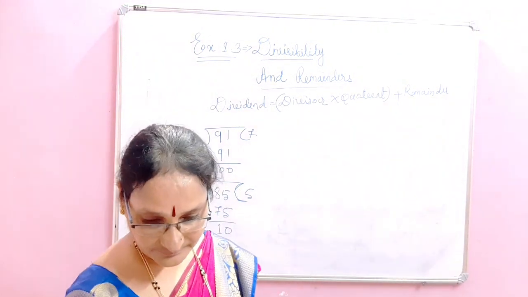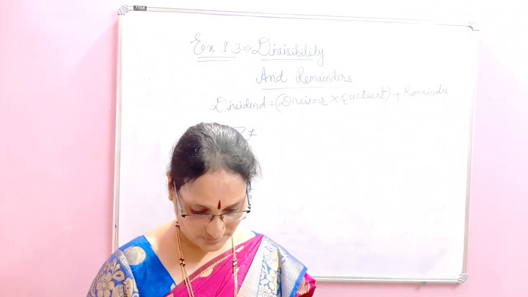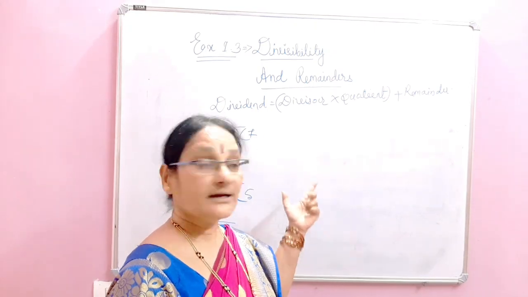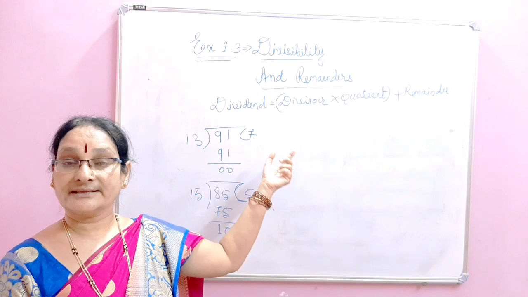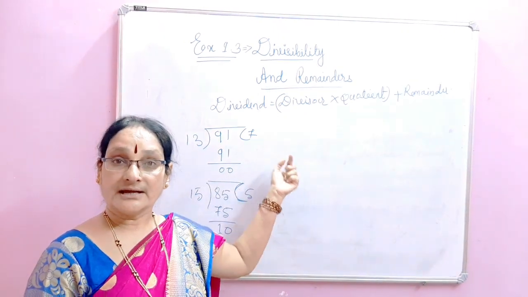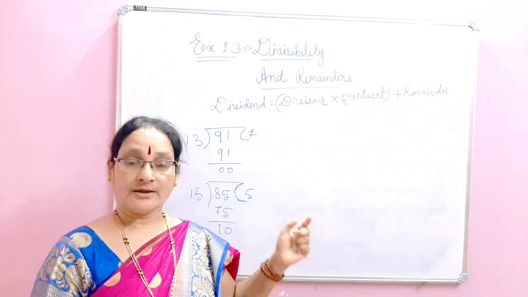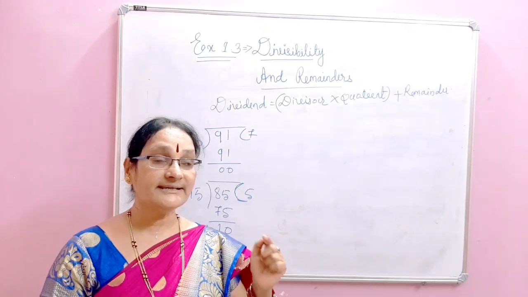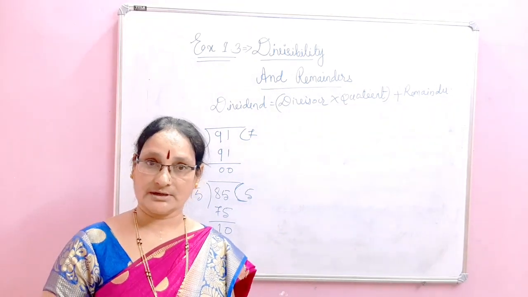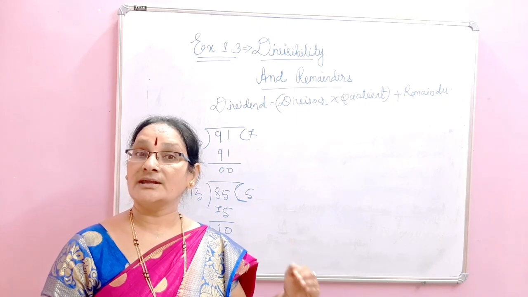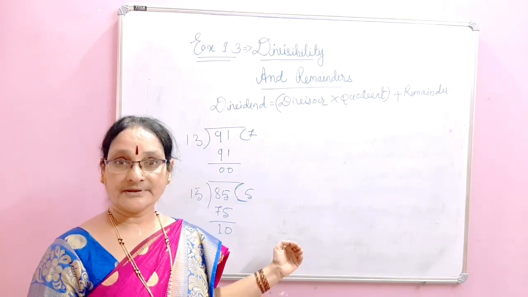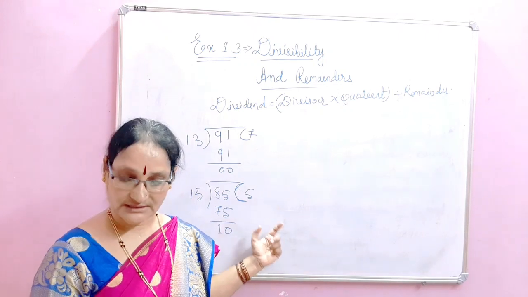So, what did we understand now? In divisibility and remainders, the characteristic of the remainder: when a natural number is divided by another natural number, the remainder will always be smaller than the divisor. This is the concept we have learnt now.